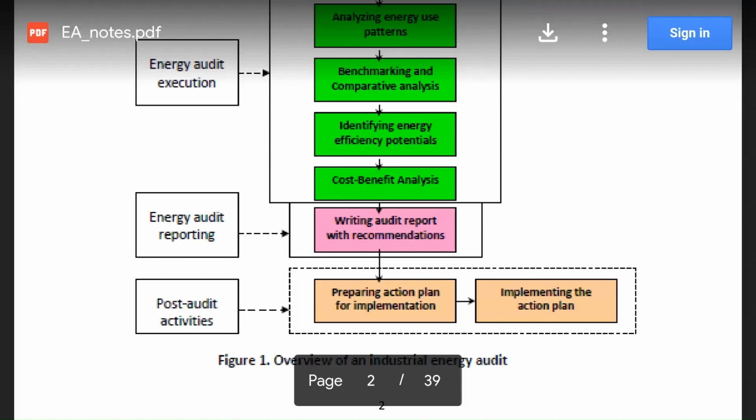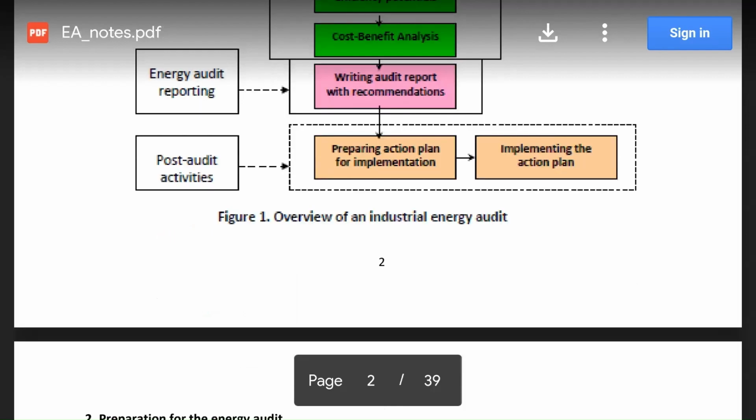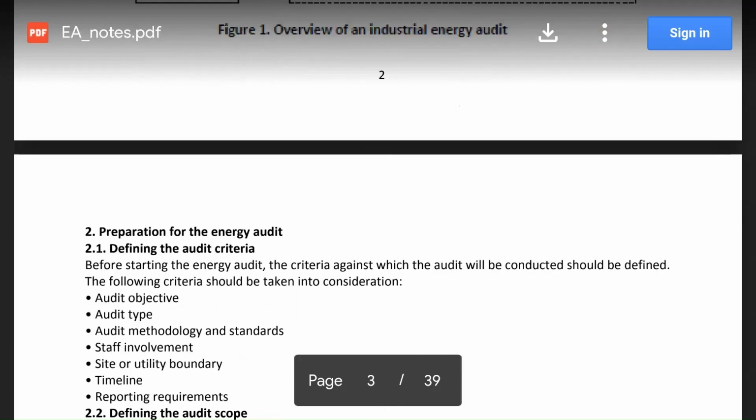Okay, for example, bar chart, pie diagram, Sankey diagram, because with the help of the diagrams we can understand more, interpret more, and you can quickly interpret what is going on. Okay. And it also contains the recommendations, then the post audit activities, that based on those recommendations an action plan for the implementation is made and the team is formed for the action plan. Okay.